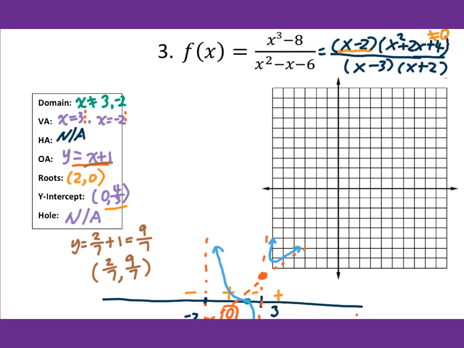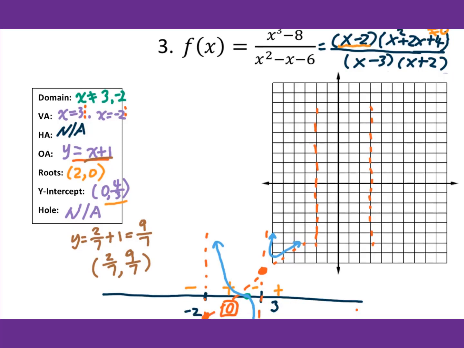Now let's sketch the graph for x equals 3. That's the vertical asymptote line. And x equals -2. The x-intercept, that's 2, 0. The y-intercept, that's 0, 4 over 3. Then you need to graph the oblique asymptote line. Get those 2 points, 3, 4, and -2, -1. Then I connect the points like this.